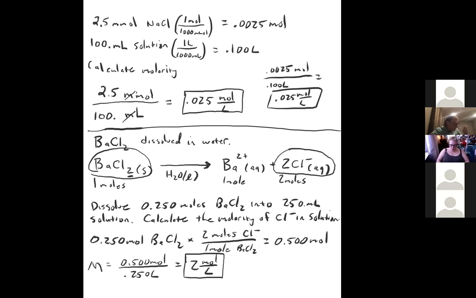Now, if the question had been about the barium, it would be half of that, right? Because the barium, you only get one barium for every one barium chloride. So in that case, this 2-to-1 ratio would just be 1-to-1, and you'd get 1 mole per liter for the barium. Okay. So read the question carefully. If it's asking you about one of the ions, make sure you know what that concentration of the ion would be relative to the compound itself. Okay.